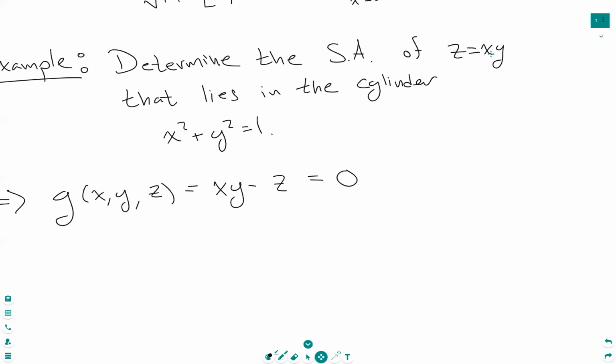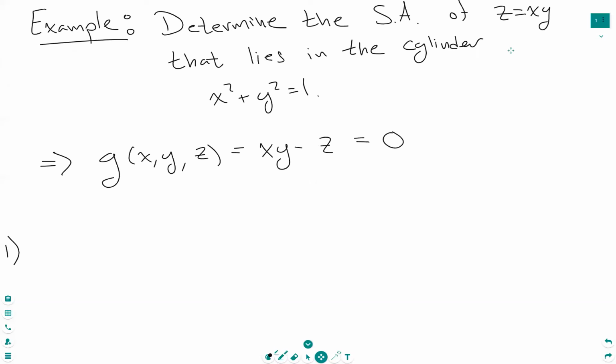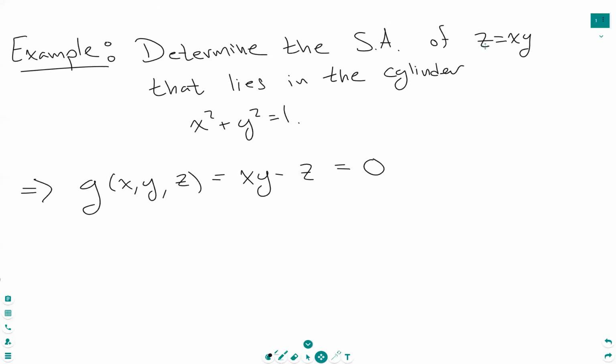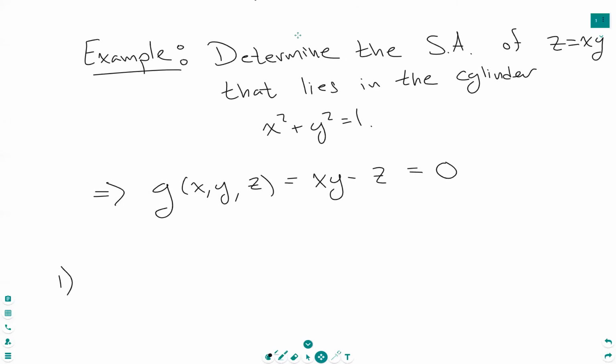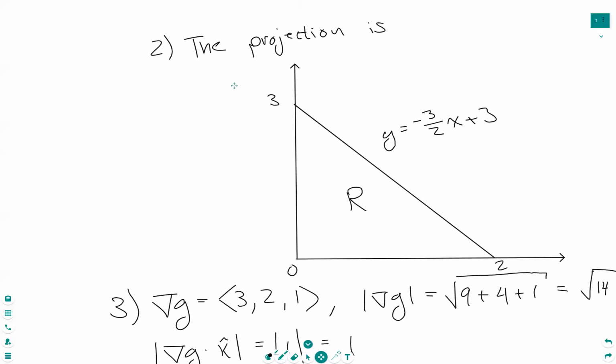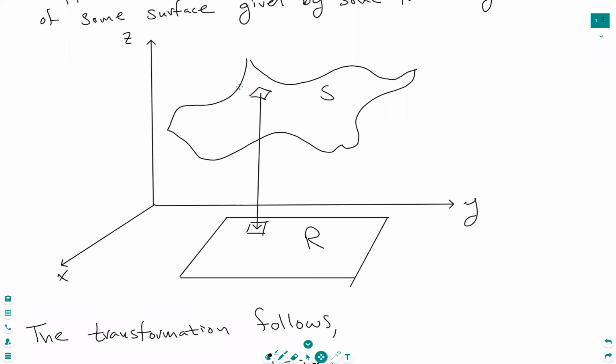If I plug in any unique xy coordinate, I only get one z out of that. So that means I probably want to project to the xy plane, because this is a surface that might look something like the thing that we've drawn up here. Doesn't necessarily look exactly like this, but this is a function of x and y.